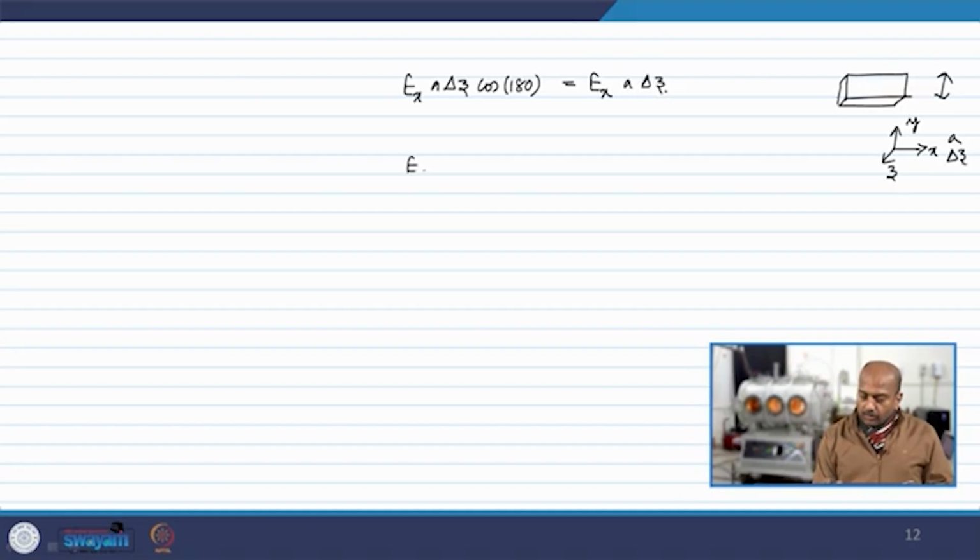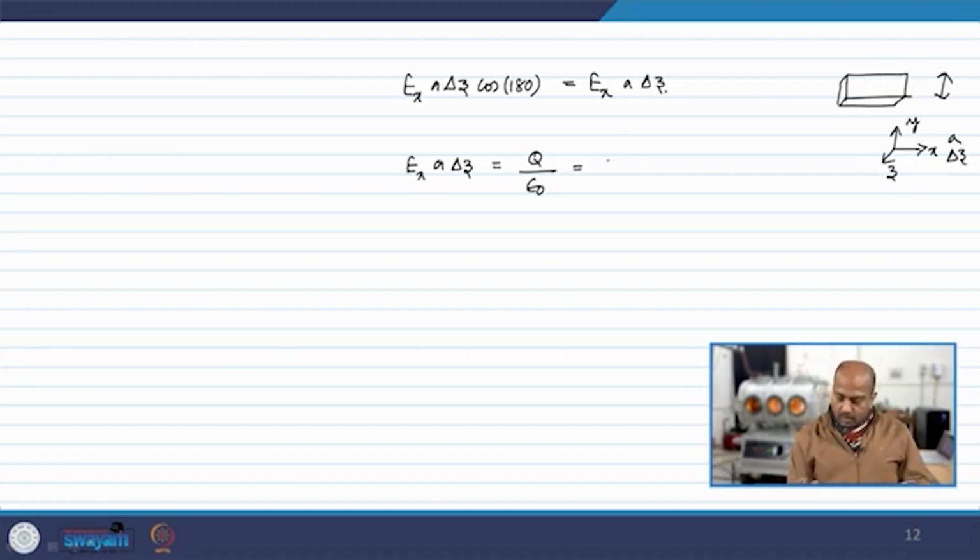Since we know from the Gauss law, Ex A delta z is equal to Q by epsilon naught, we can write Q as area times x times delta z.